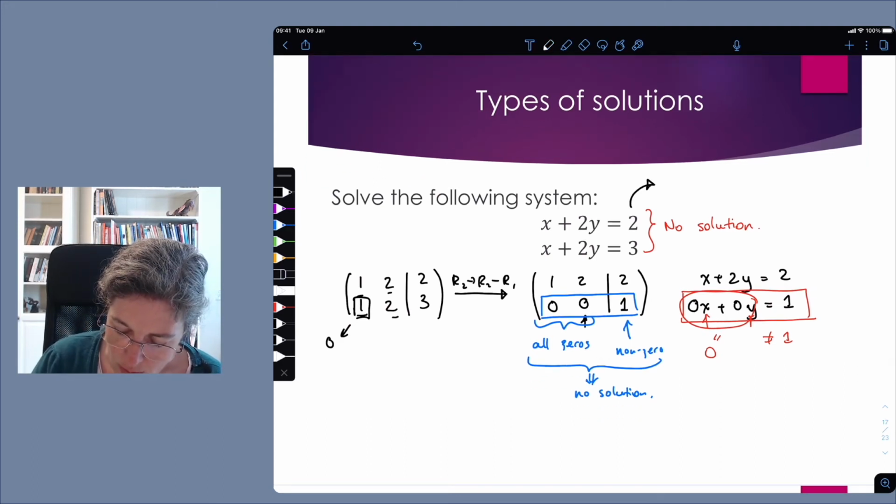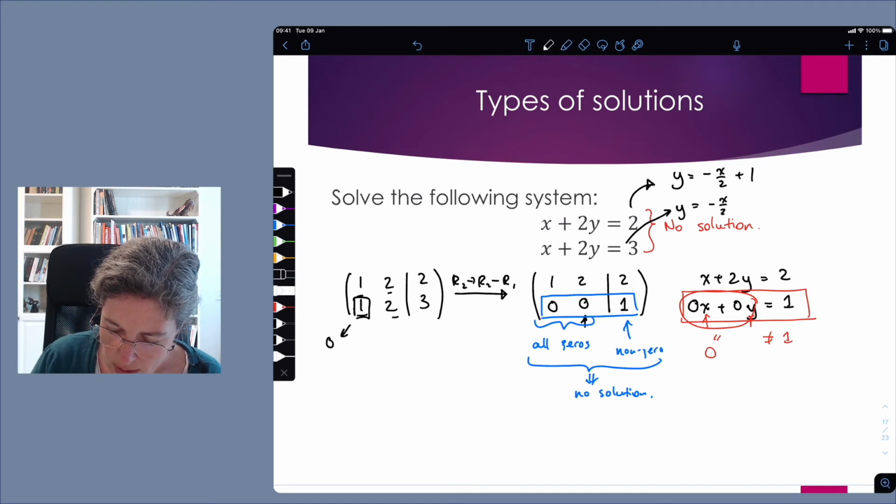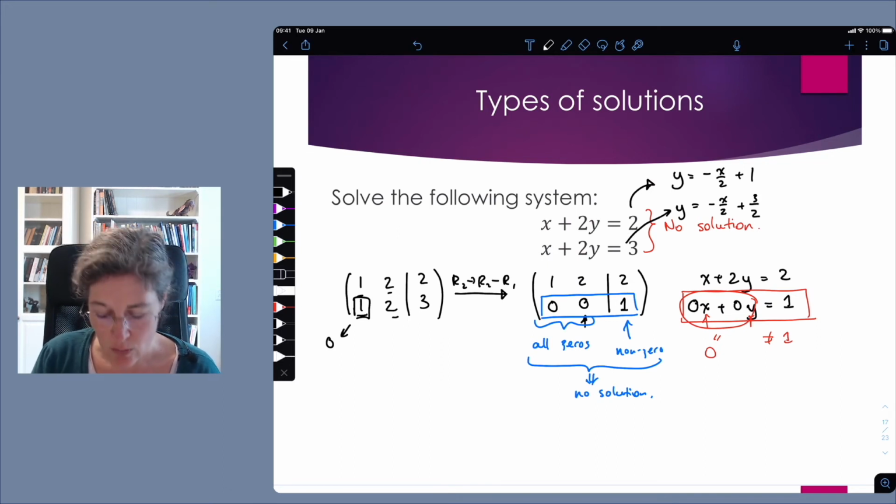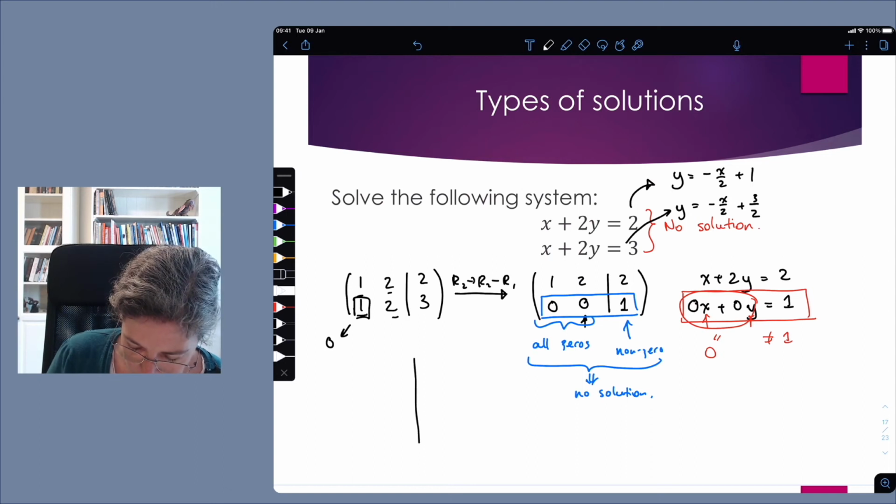So here, this is the line y is equal to minus x over 2 plus 1. And this is the line y is equal to minus x over 2 plus 3 over 2. And hopefully at this point you see what's happened. We've got our two lines here.